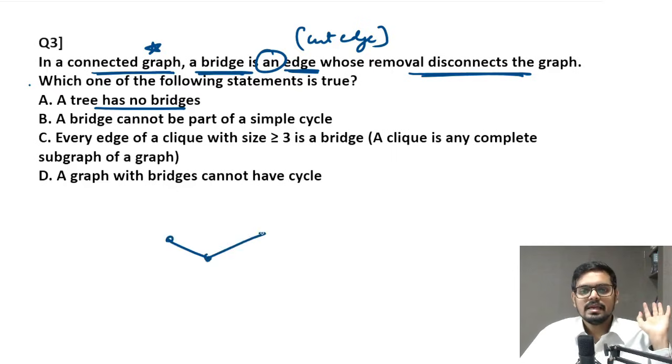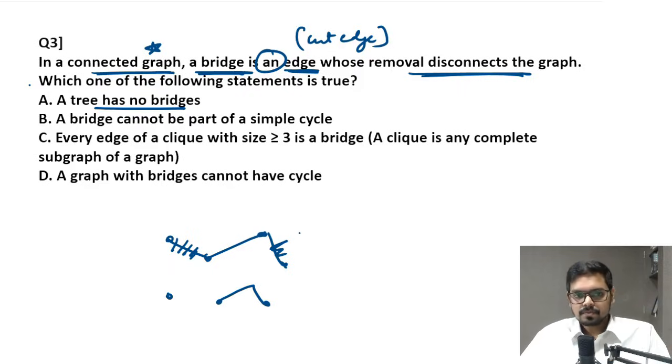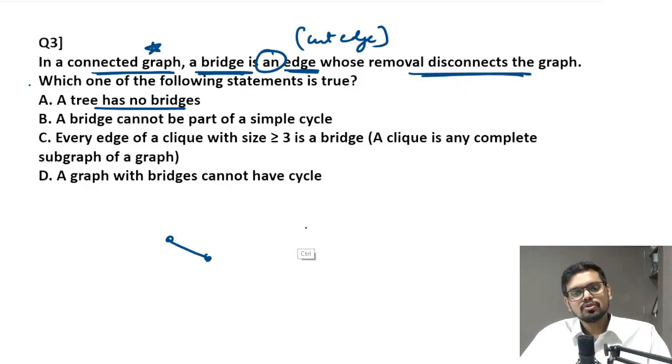You take any example of a tree, if you remove this edge, the result is like this, so that edge was a bridge. If you remove this edge, that edge is a bridge. So every edge is a bridge. And you are saying a tree has no bridge? Absolutely nonsense, incorrect. A bridge cannot be a part of a simple cycle.